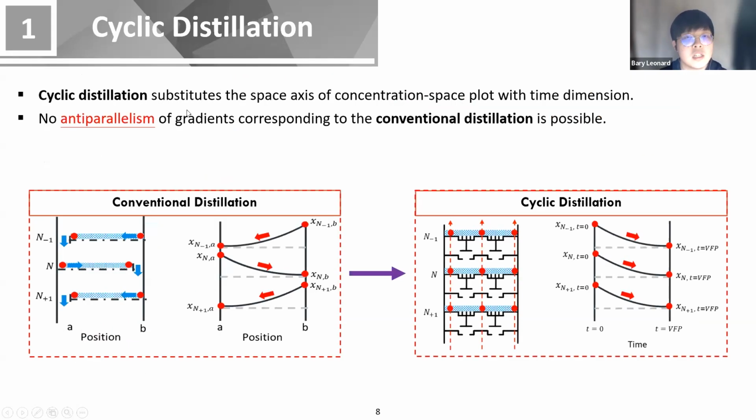And so the cyclic distillation substitutes this space axis of the concentration space plot with the time dimension. So basically, using this kind of method, we transform the position axis here with the time axis, and we can have the parallel concentration gradient along the time during the vapor flow period.